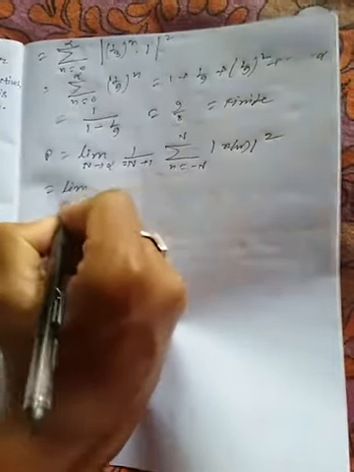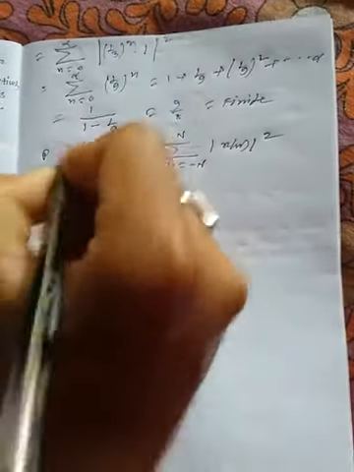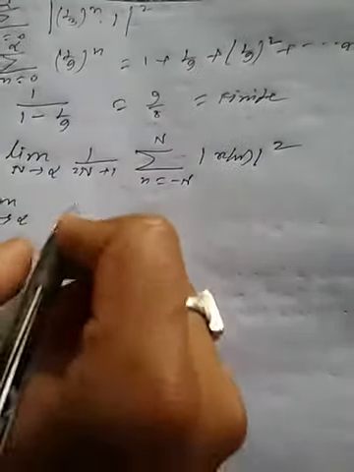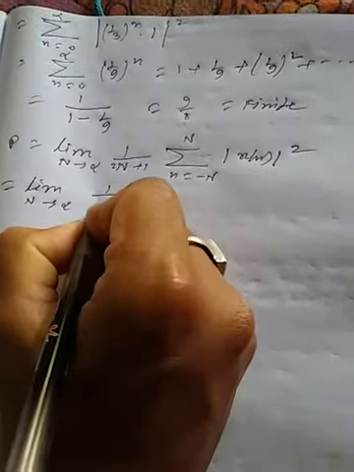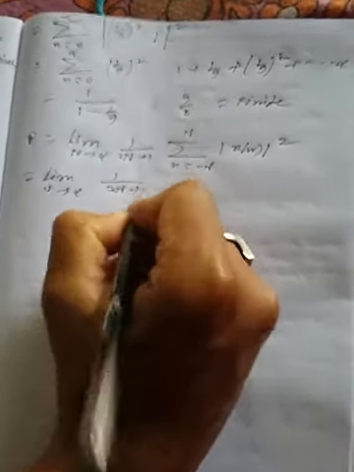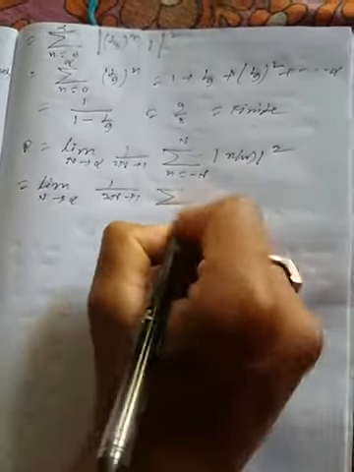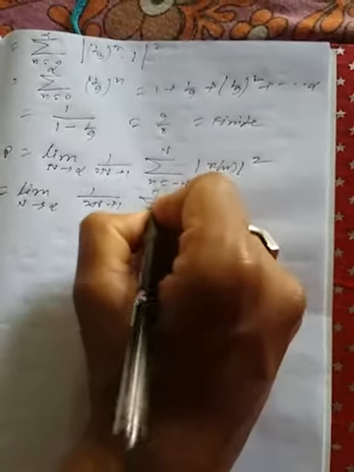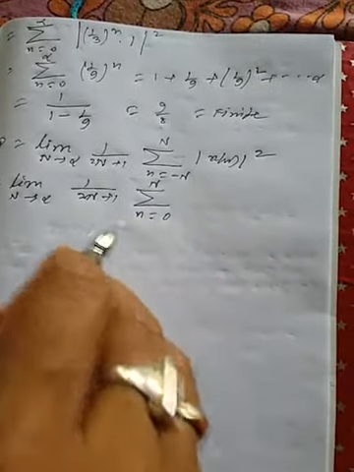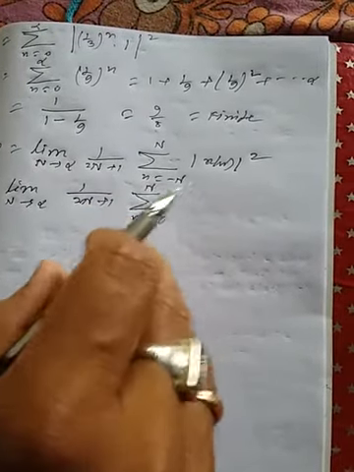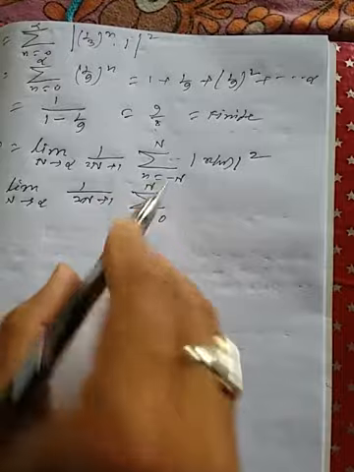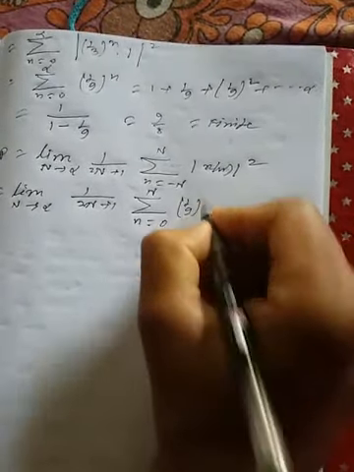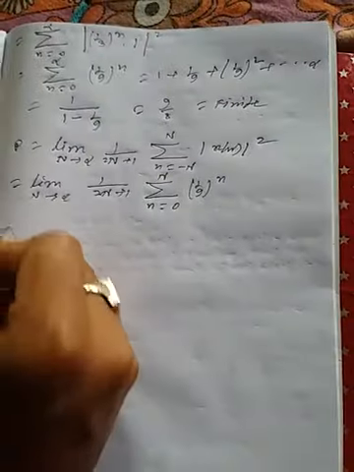Here it will be limit N tends to infinity, 1 by (2N plus 1), summation where the value of n will be starting from 0 to capital N, because there will be no values of x[n] for the negative values of small n. So it will be (1/9)^n.